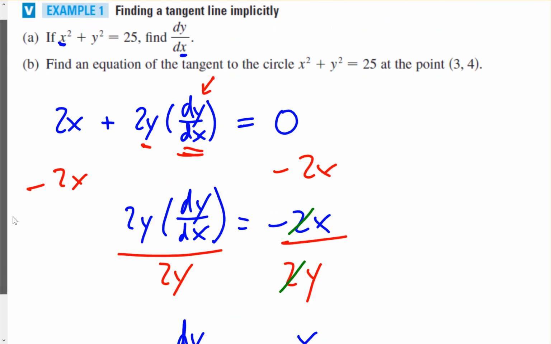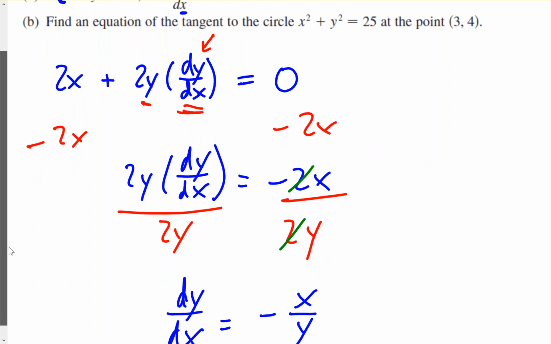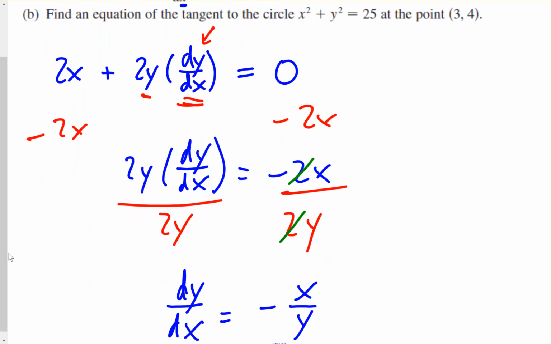Good. So that answers the first part of the question: find dy dx. Next, it says find an equation of the tangent to the circle x squared plus y squared equals 25 at the point 3, 4. So we have a point, x1, y1.